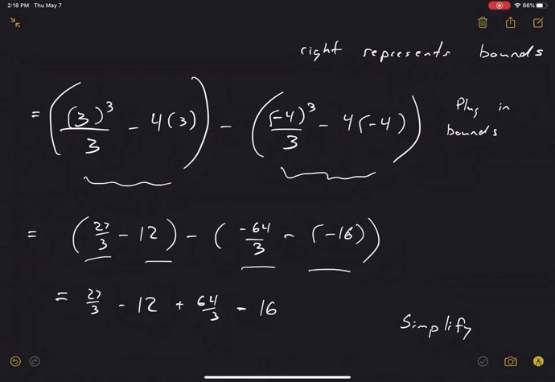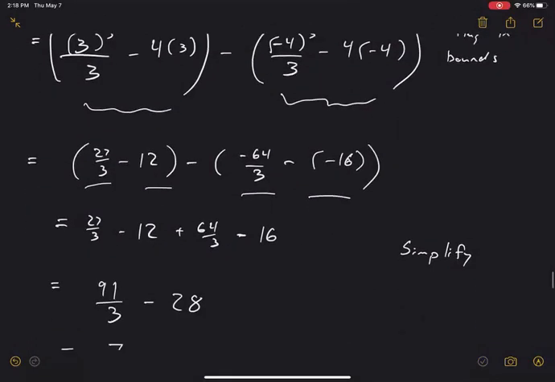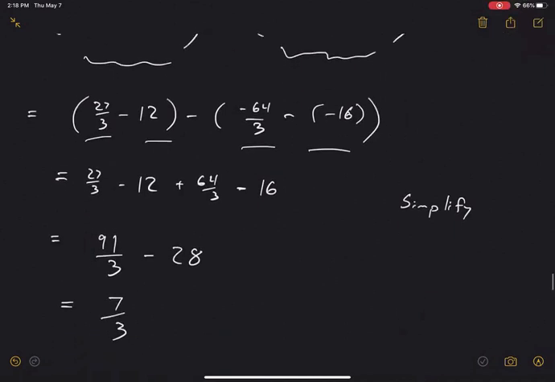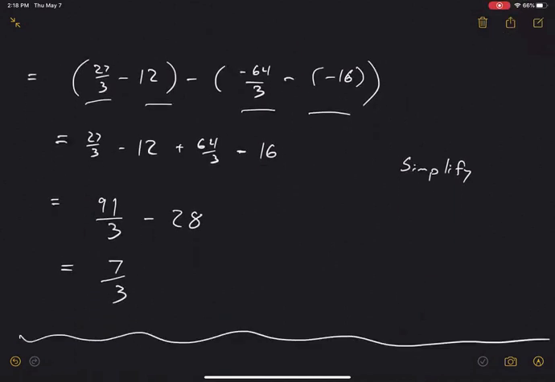Maybe an area where we have common mistakes is not distributing the negatives correctly, okay? So if I distribute all the negatives correctly, I should end up with 27 over 3 minus 12 plus 64 over 3 minus 16. Simplifying that all, I get 7 over 3.